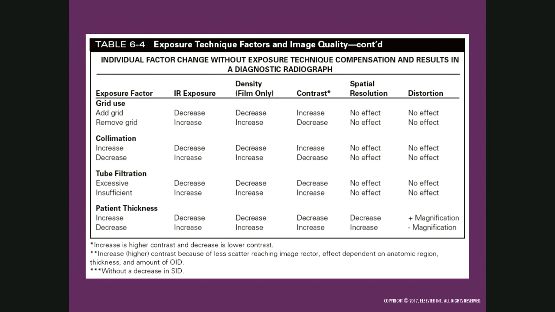If you do not understand why, for example, looking at this screen, a decrease in IR exposure occurs because of excessive tube filtration, please let me know. Text me, email me, send me a smoke signal. I don't care. Let me know, because you need to understand these relationships.